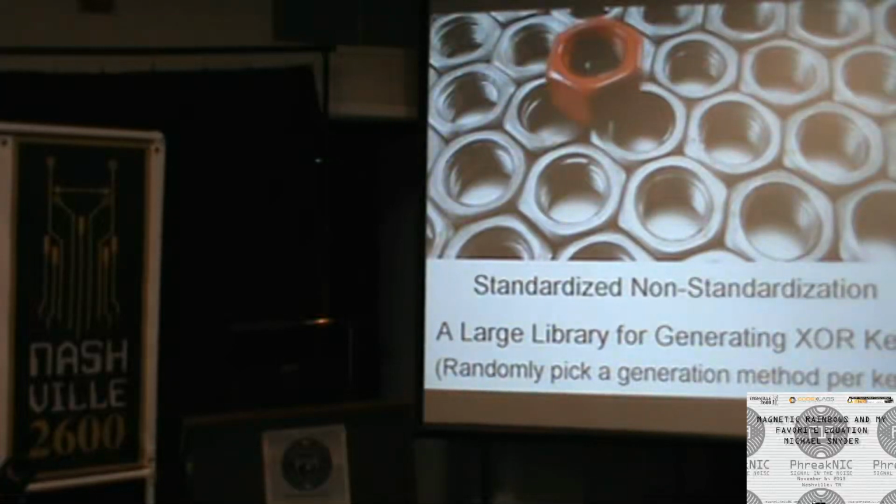We want to do things differently all the time for more security. And one way of doing that, especially in my protocol, I need to pick a new XOR key because I don't use them very long, is just coming up with a bunch of different functions that produces integers. Next slide, please.